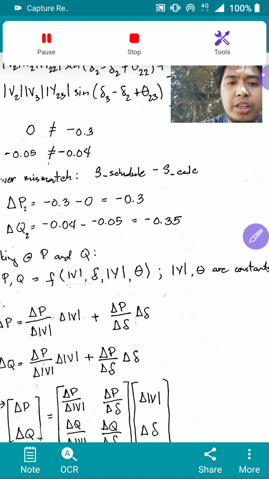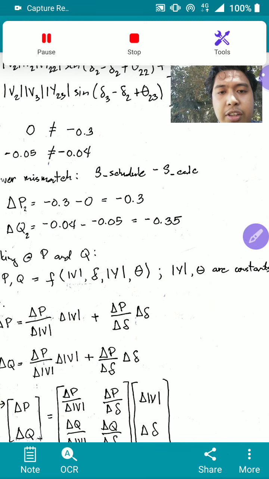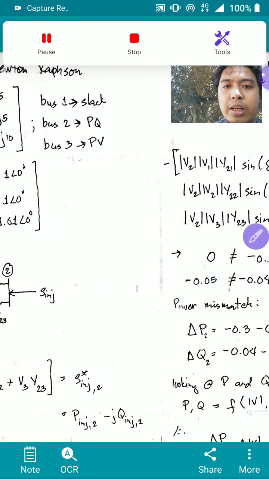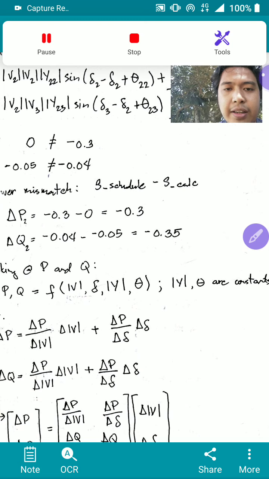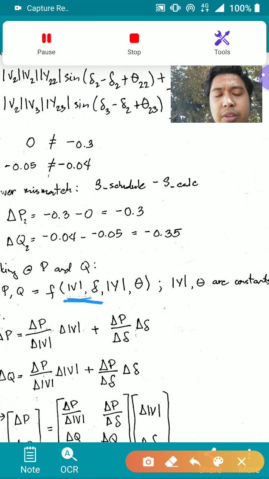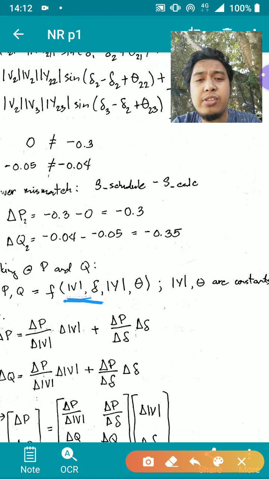But take note that your admittance magnitude and admittance angle are constants because they are defined by your network. Now this V and delta, take note that those are variables because those are just assumed values. We are actually solving for them.